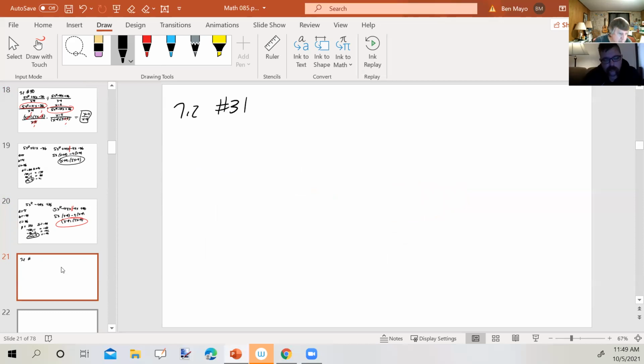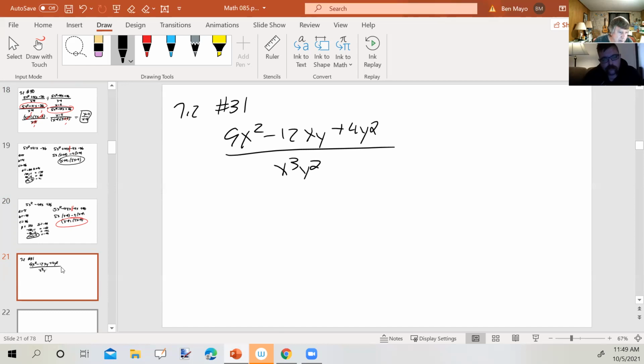7.2, number 31. This says perform the operation and simplify if possible, but it's multiplication to start with. So we have 9x squared minus 12xy plus 4y squared over x cubed y squared times x cubed y over 9x squared minus 4y squared.